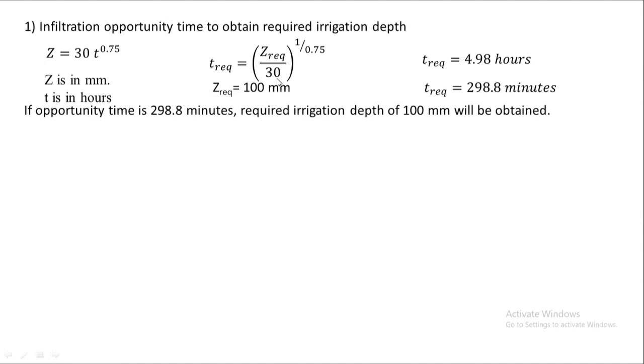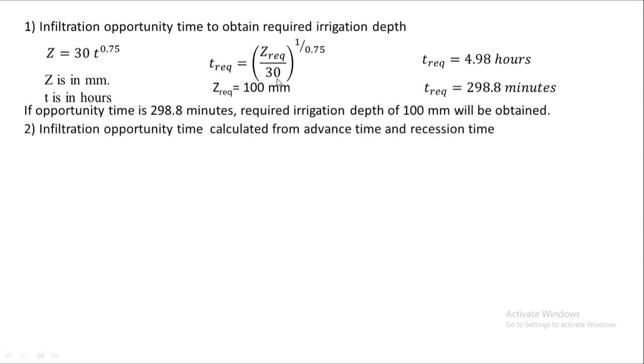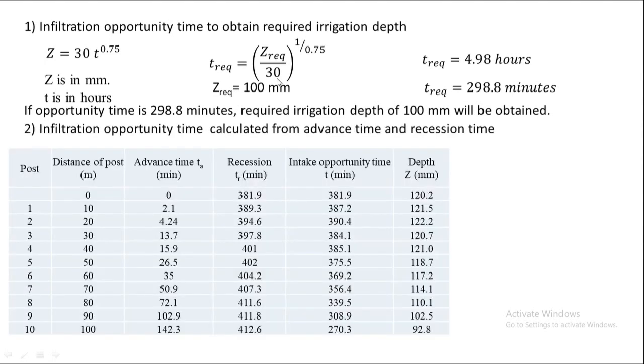Now let us calculate the opportunity time from the advance and recession time. In our case, the intake opportunity time is much more than required. Required is 298.8 minutes. This is sufficient for providing a depth of 100 millimeters. Now recession minus advance time gives us the intake opportunity time, or infiltration opportunity time.